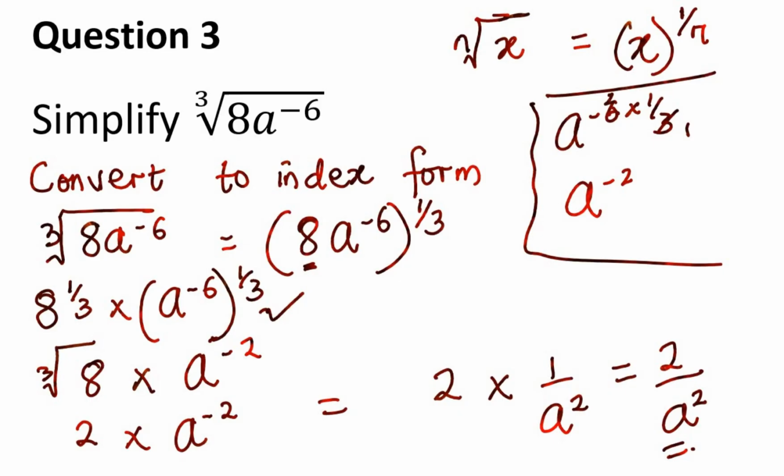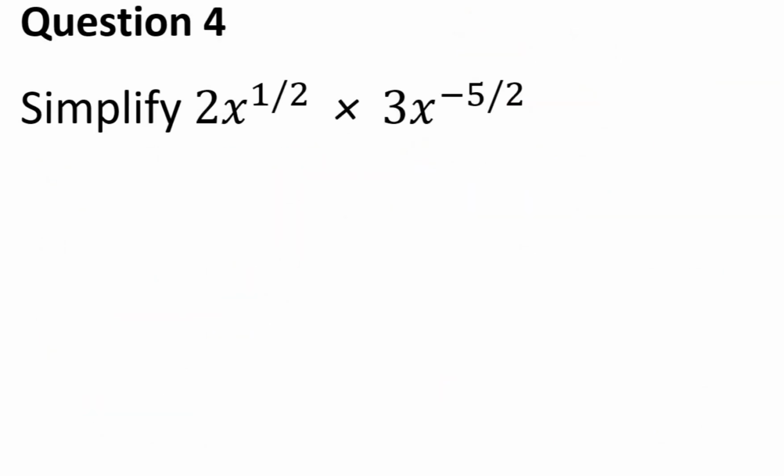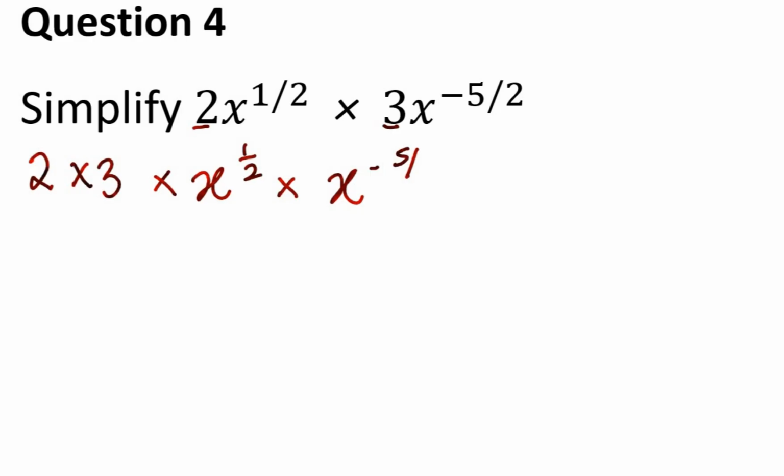Question 4. 2x to the power of 1 over 2 times 3x to the power of negative 5 over 2. To solve this question, we need to multiply constants and add powers. So we have 2 times 3, times x to the power of 1 over 2 times x to the power of negative 5 over 2.